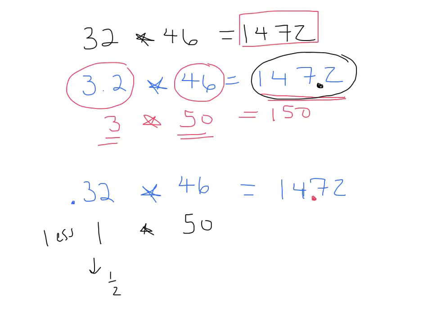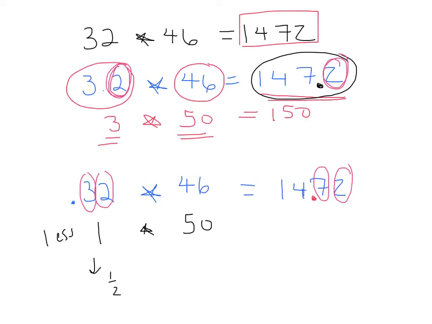Or what you can do is say that if you have one number behind your decimal here, one digit, and you have one digit behind your decimal here, and here I have two numbers behind my decimal, so my answer has two numbers behind my decimal.